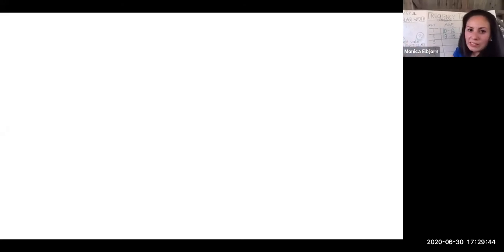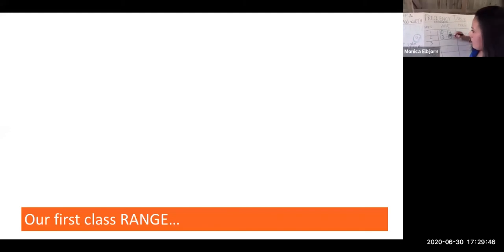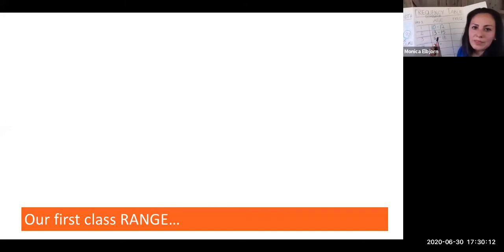For the lower class limit, you just add 3. 10 plus 3, 13, plus 3, 16, plus 3, 19, plus 3, 22... 21, very good.